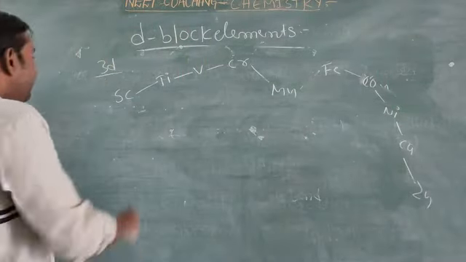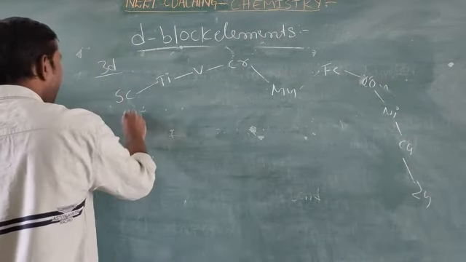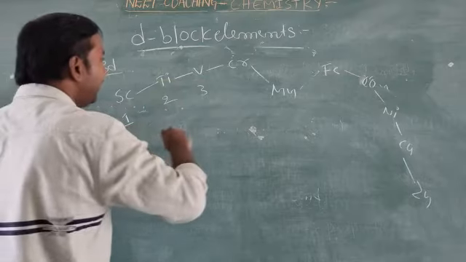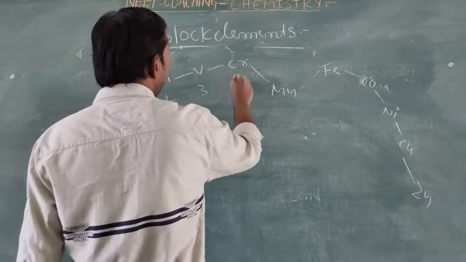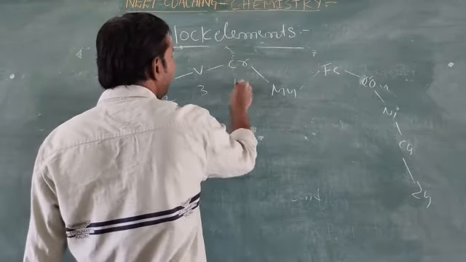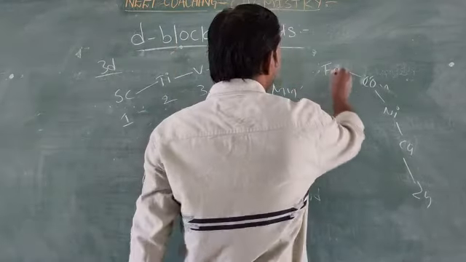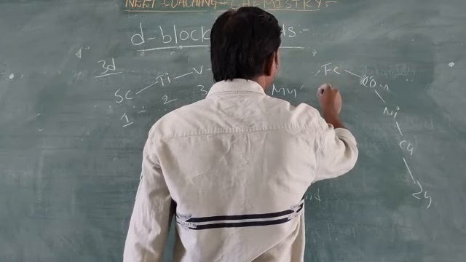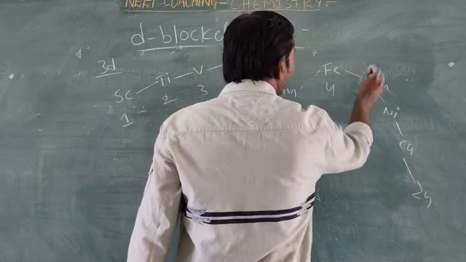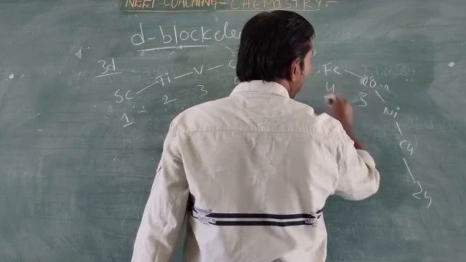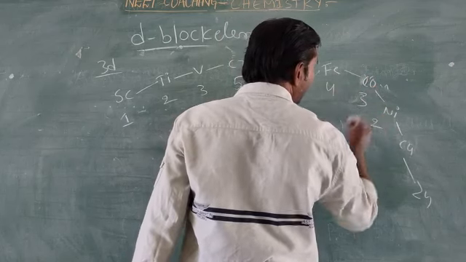Because here there is 1 unpaired electron, here 2, here 3, here 4 and here 5 unpaired electrons, here also 5. Iron has 4 unpaired electrons, cobalt 3, nickel 2.